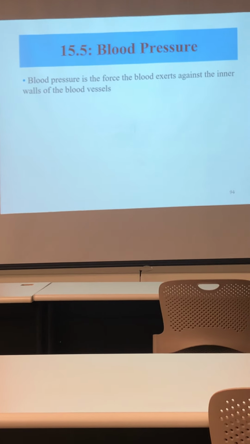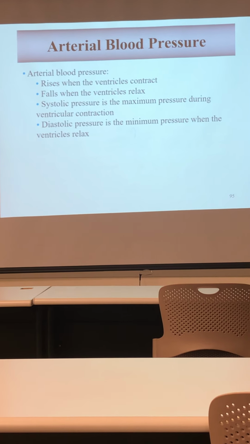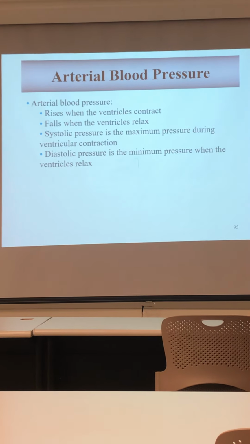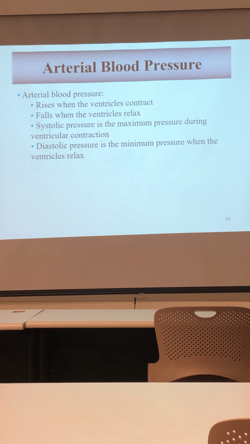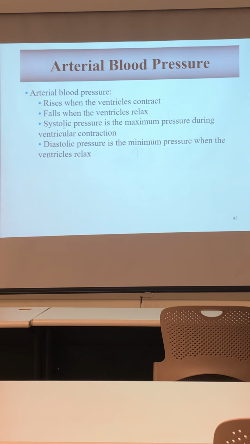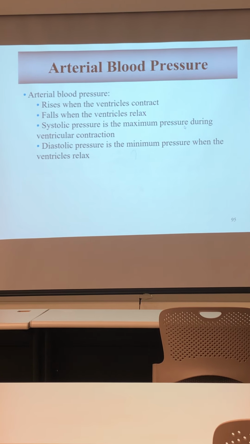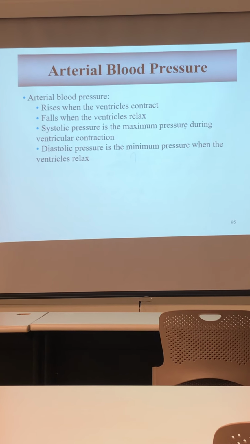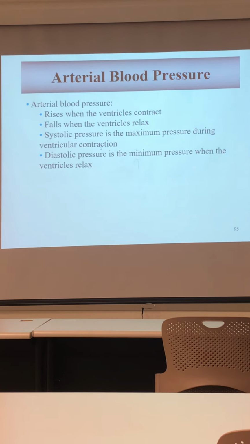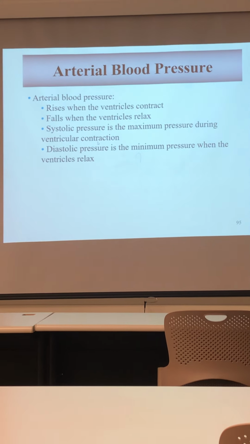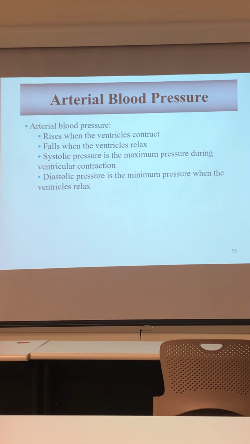Blood pressure, let's go on one slide here. We're going to change one word here. I want you to know the definition, and I'm going to change this a little bit. Systolic pressure is the maximum pressure exerted against the walls of the blood vessels during contraction. Ventricular contraction. Just contraction is the key word there.